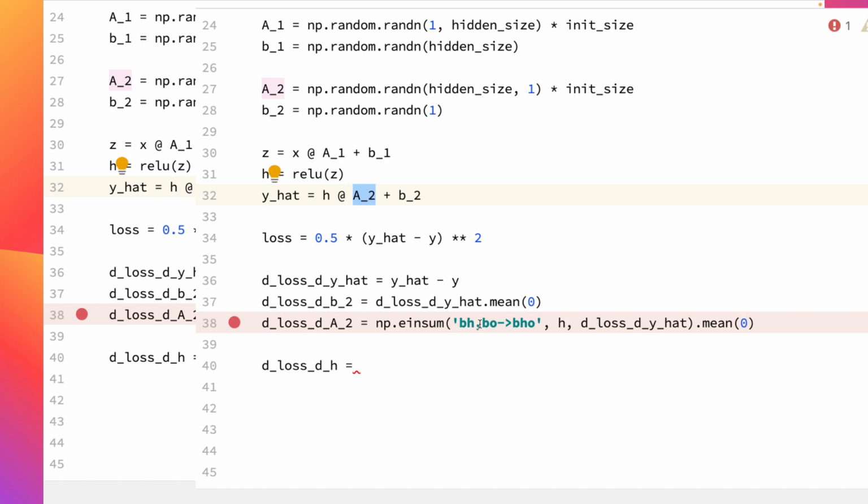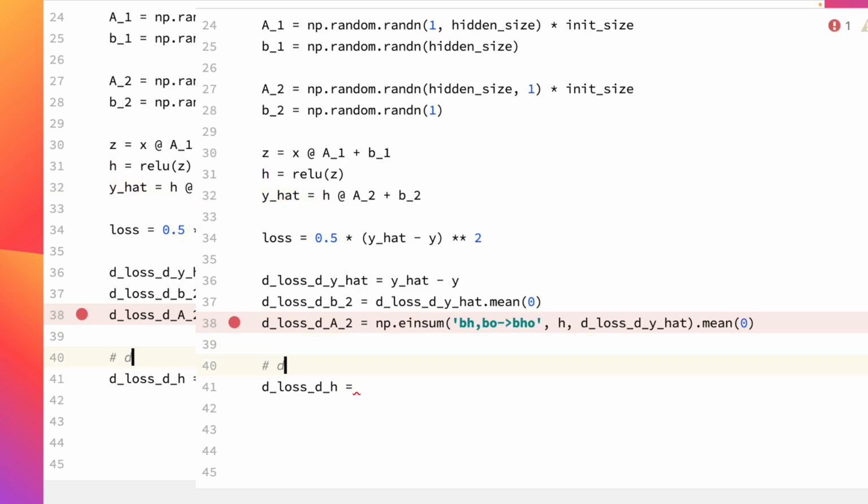So we need to project back via A2, because y hat is influenced by the linear weights of A2. So y hat is influenced by h.